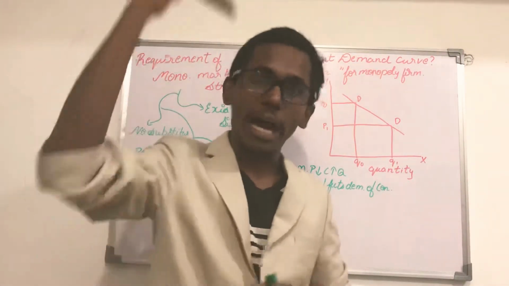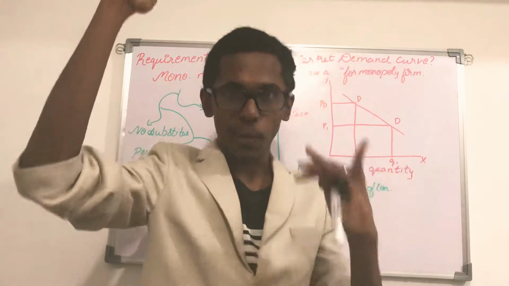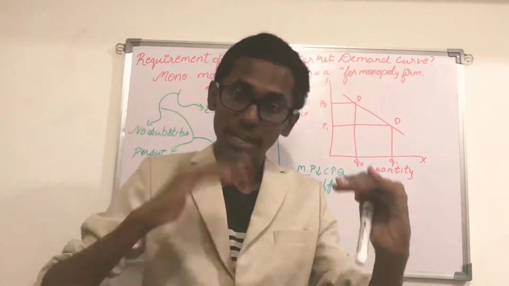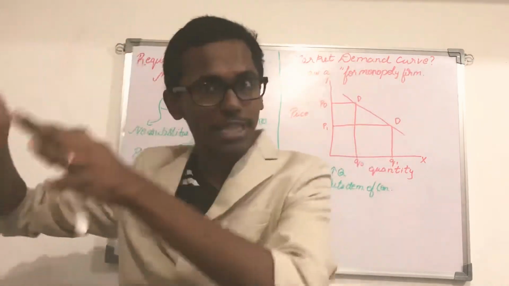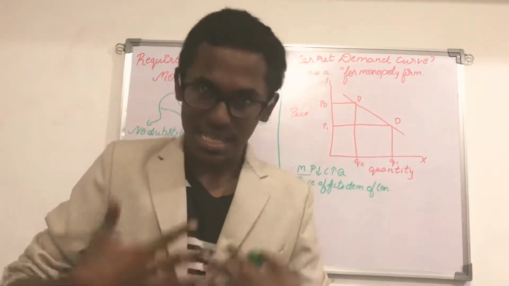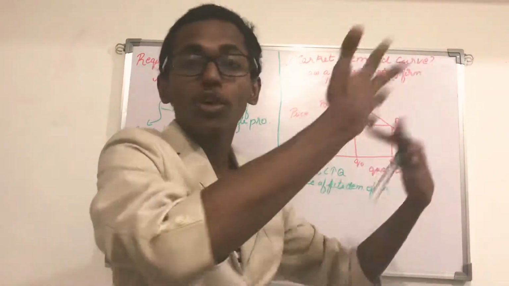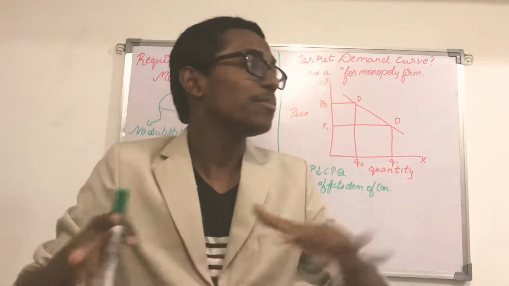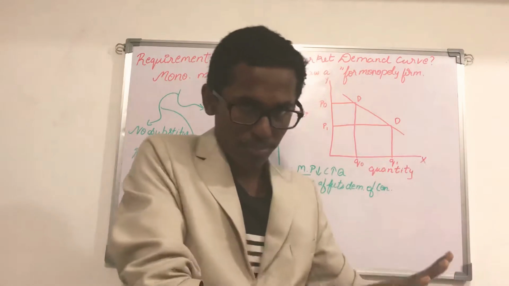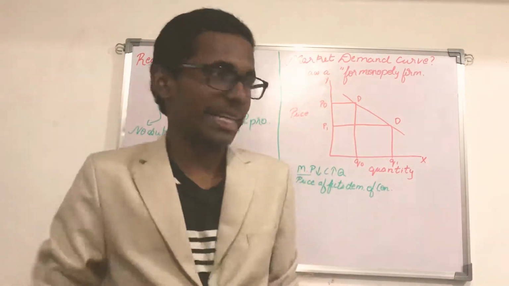If I'm selling at a higher price, consumers will buy very little. If I'm selling at a lower price, consumers will buy more, which is a plus for them. Similarly, it's a profit for us as a firm, because when they buy more of my goods, it increases my profit. So this is one of the biggest marketing techniques.